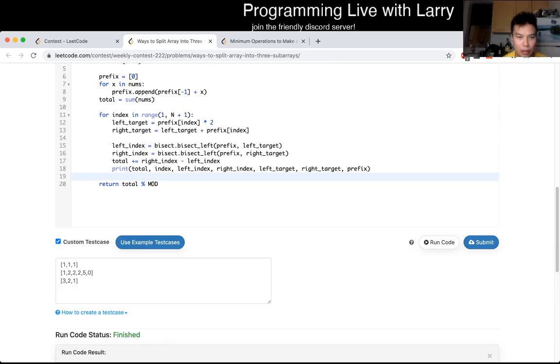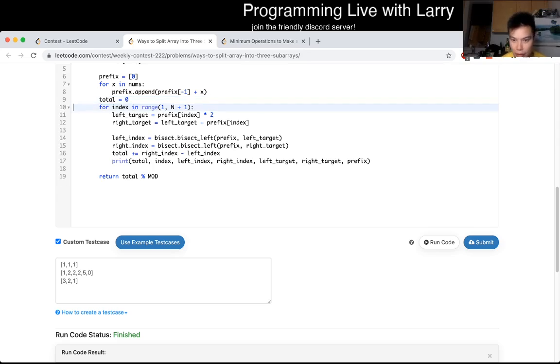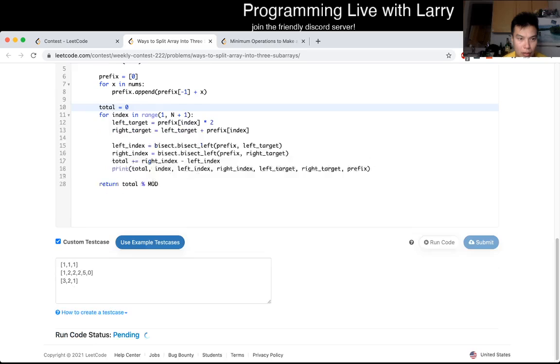This is not the right total that I want. That's what happens when you shadow names. 131.